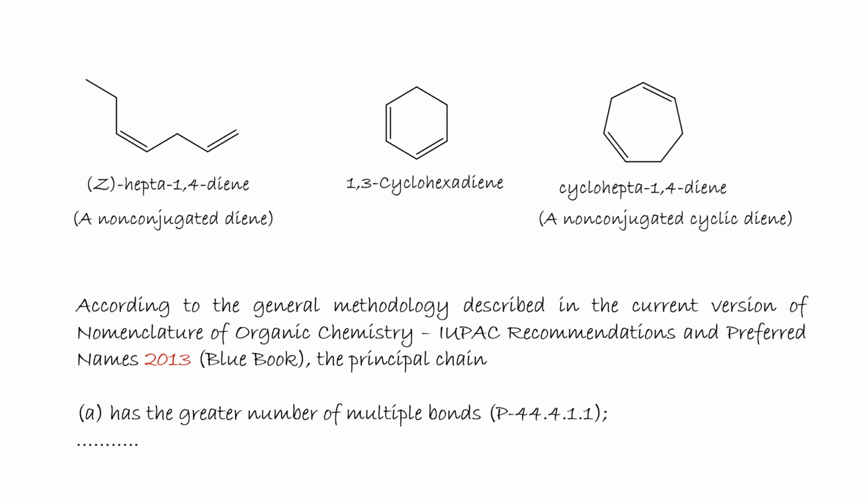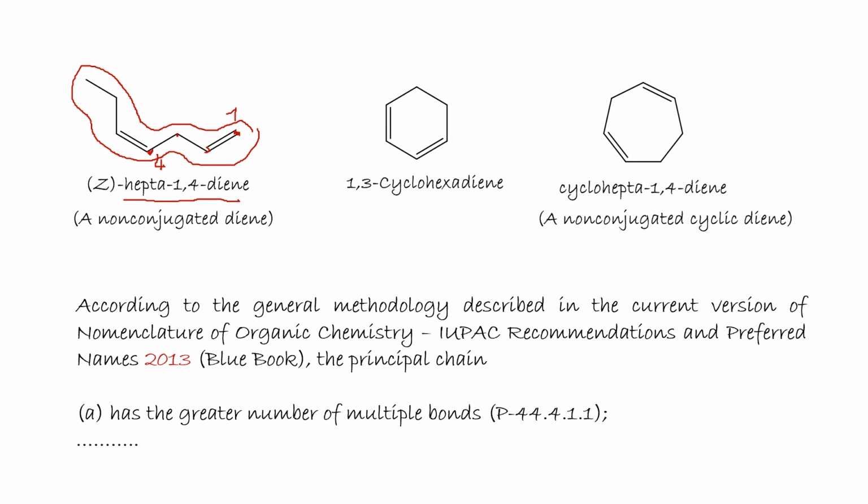Let's look at this compound. The long chain, we number here from 1, 2, 3, and 4. So it is hepta-1,4-diene. One more time, this carbon carries 2 hydrogens, so there is no E and Z there.